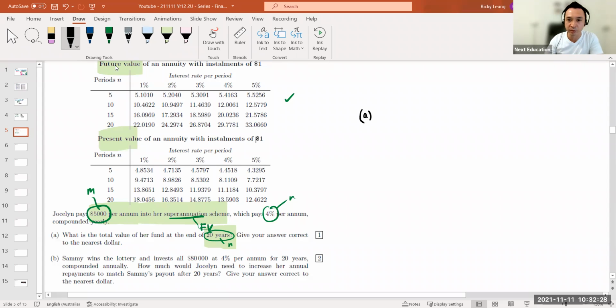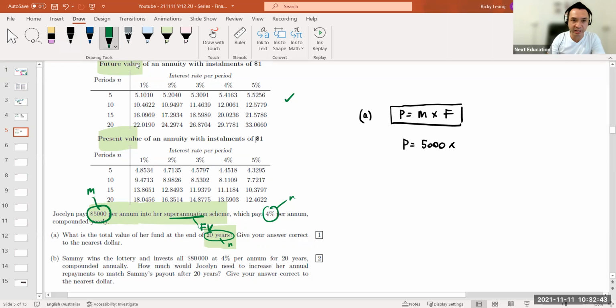Guys, for part A, once again, P equals MF. I don't have P, that's what I'm finding, the total value. Got M. And let's find it in the future value table. The rate is 4%, N is 20 years.